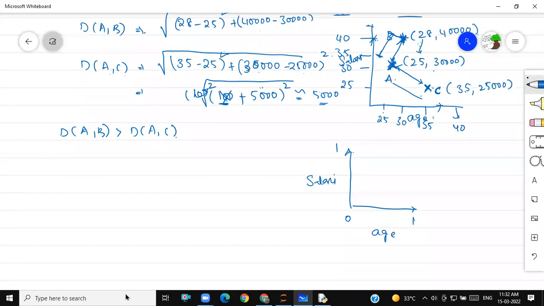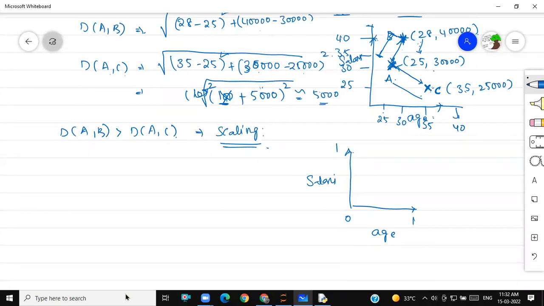That means we have to bring both of them to the same scale. Otherwise the salary is going to be dominating the age, because age difference is only in terms of tens, whereas salary difference is in terms of thousands. This technique is nothing but what we call a scaling technique.